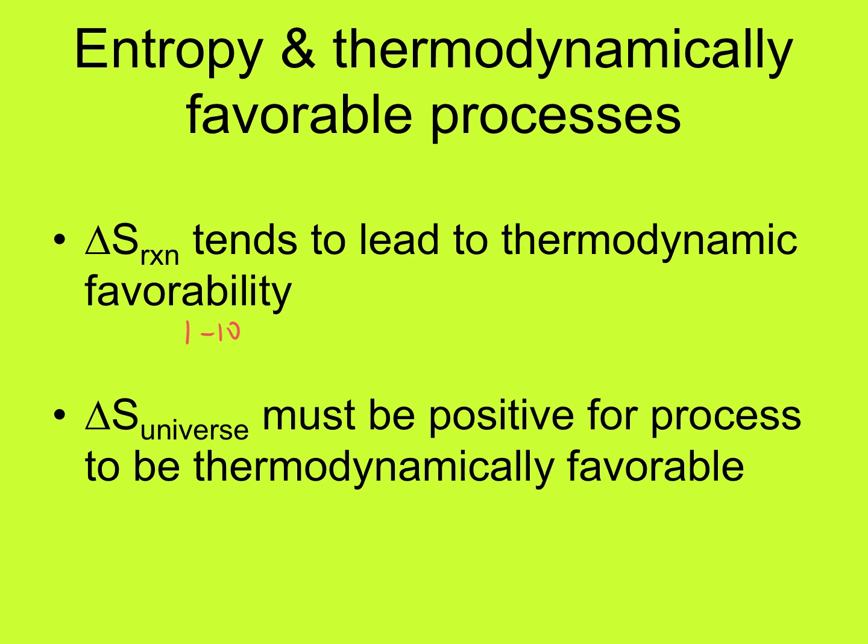So it's easier to go from orderly cards to disorderly cards than it is to go from disorderly cards to ordered cards. The universe tends to like disorder, and you can imagine why that would be the case. That's why a positive delta S for a reaction, not always, but it tends to lead to greater thermodynamic favorability, meaning that it is more likely to happen.